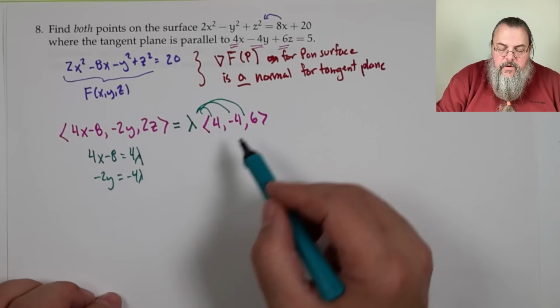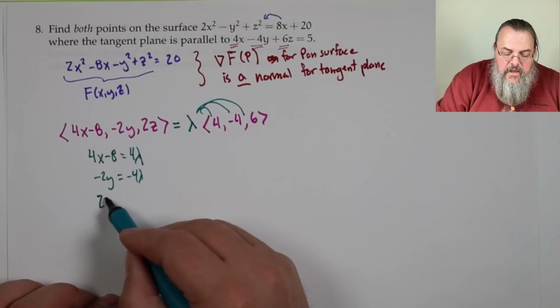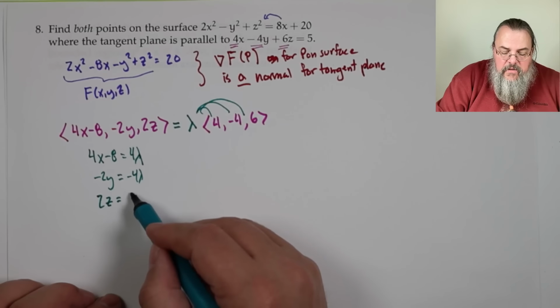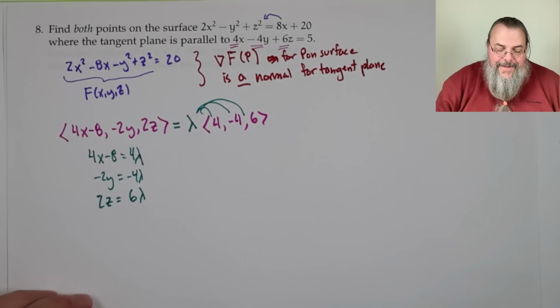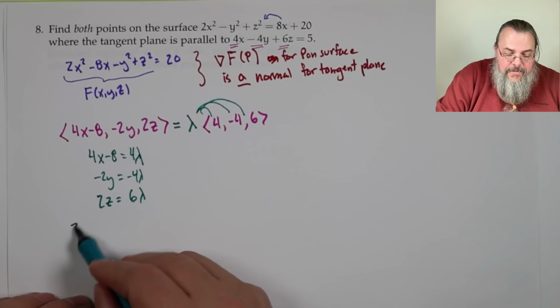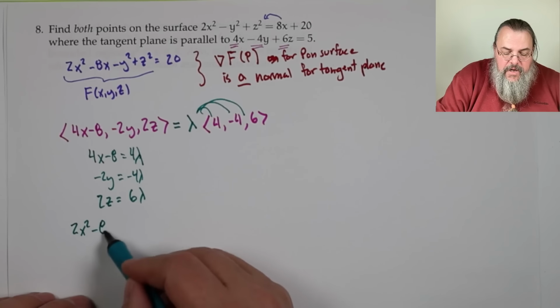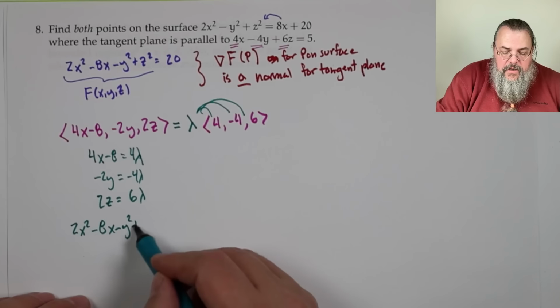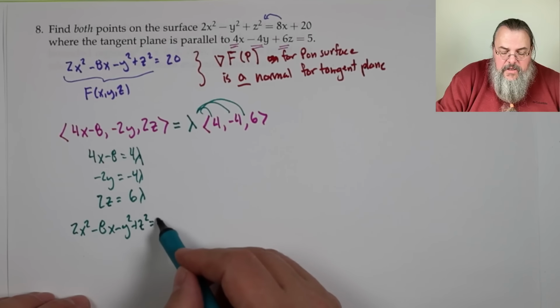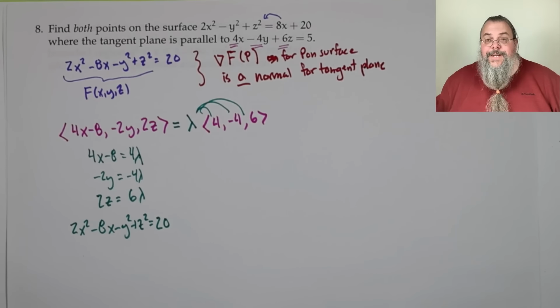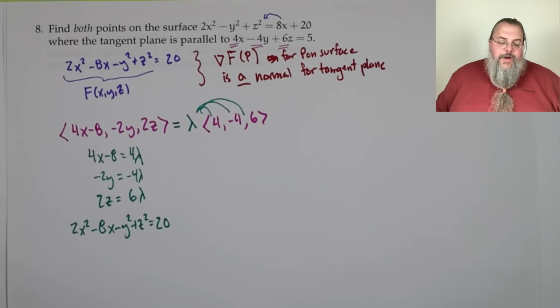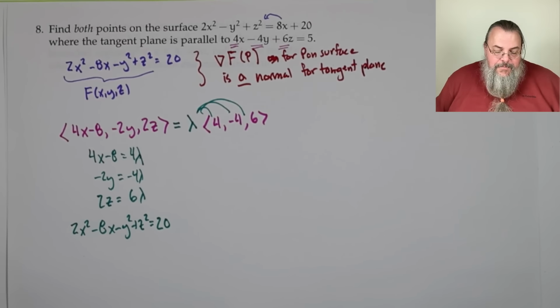Minus 2y is minus 4 lambda. And 2z is 6 lambda. And there's one other fact. The other fact is we have 2x squared minus 8x minus y squared plus z squared equals 20. All right. Now, with all of this in place, what do we do?